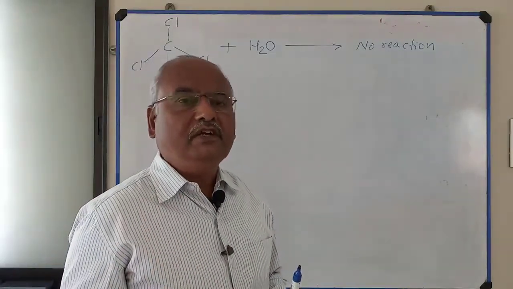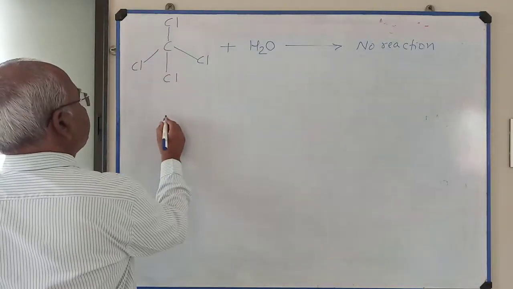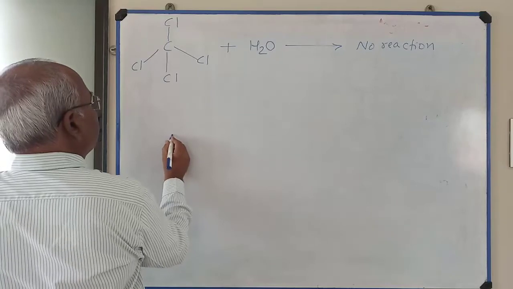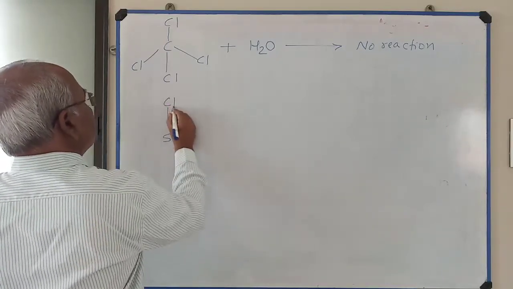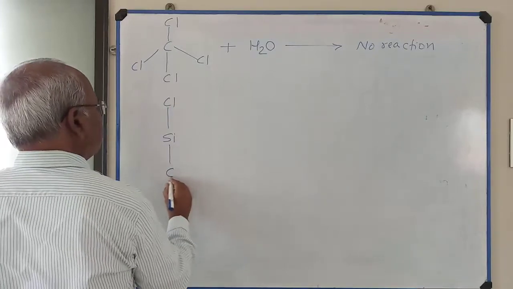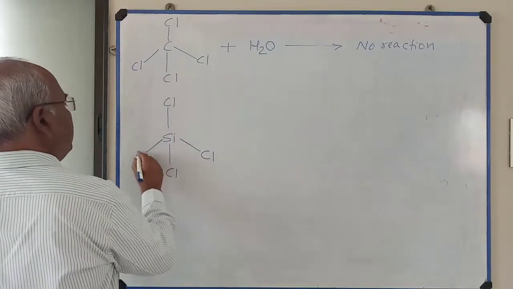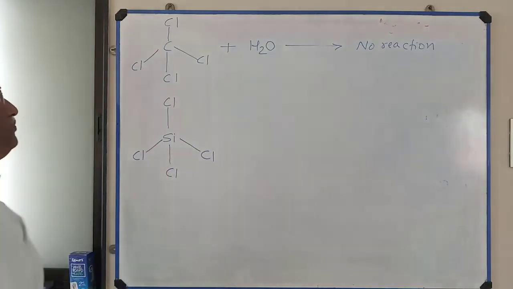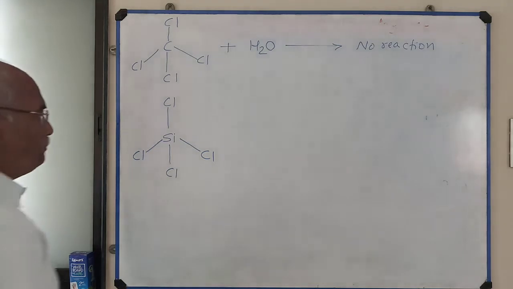The reason I will explain. So here I write silicon with four Cl. This is silicon tetrachloride.